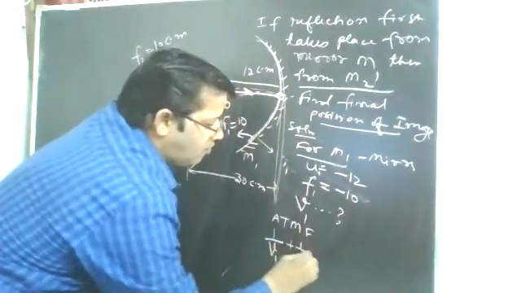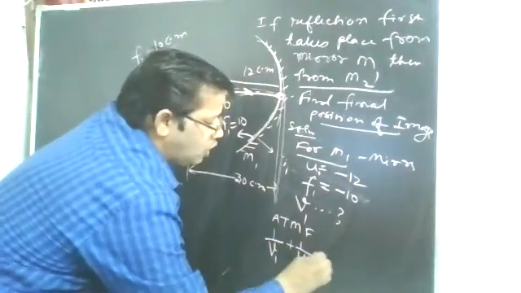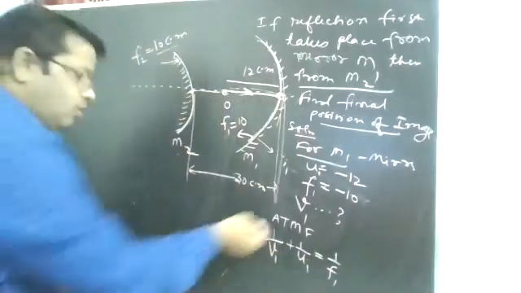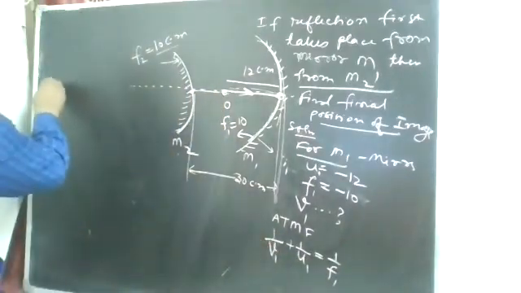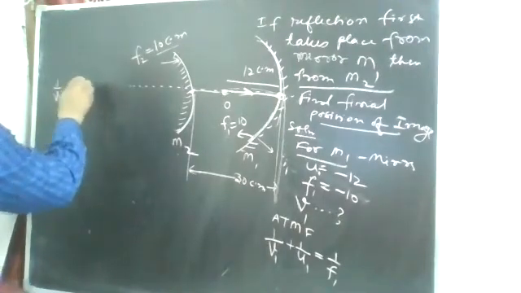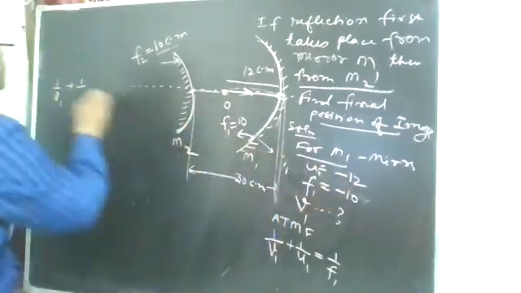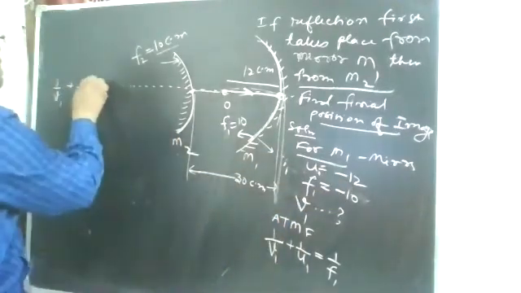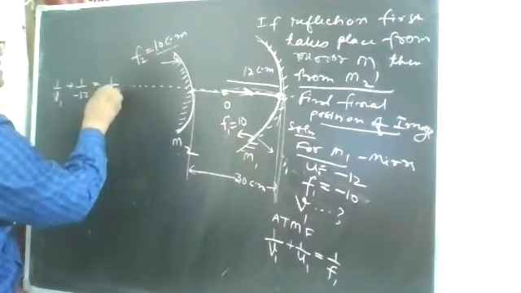So 1 by V plus 1 by U is equal to 1 by F. Now 1 by V1 plus 1 by U1, what is U1? Minus 12, is equal to 1 by F1, minus 10.